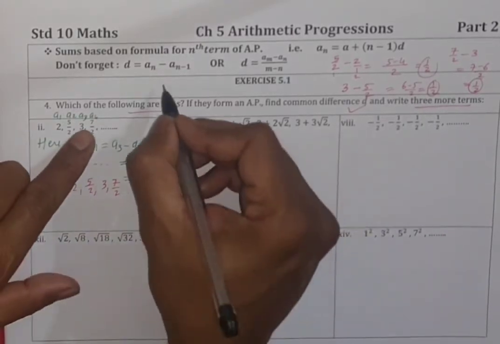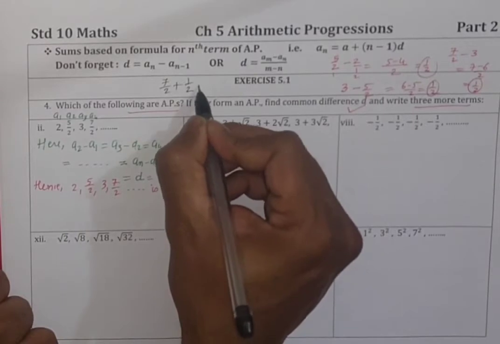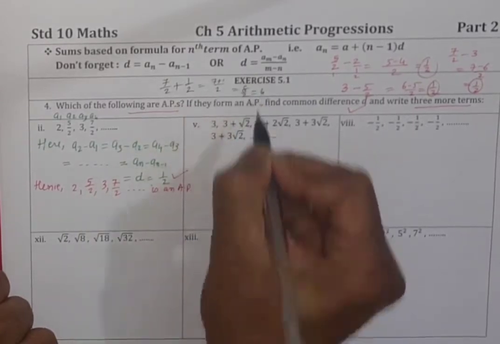So to this 7 upon 2, add the common difference 1 upon 2. So that is 7 plus 1 whole upon 2 that is 8 by 2 and that is 4.